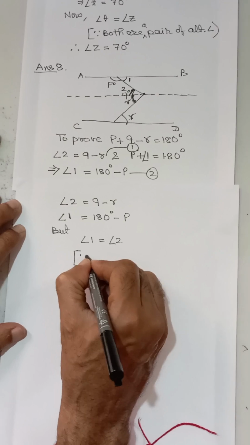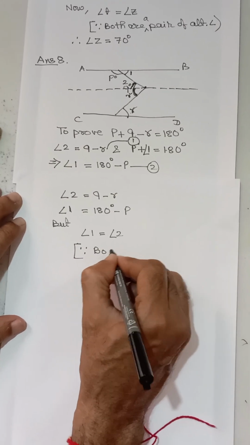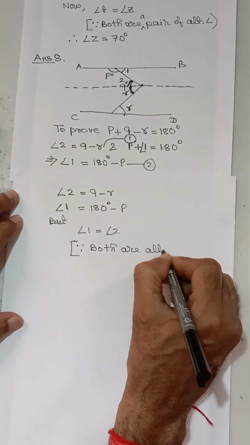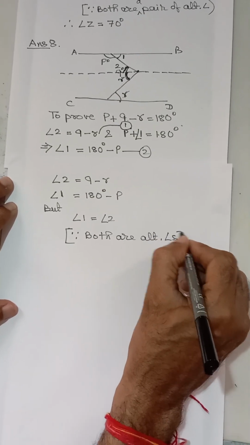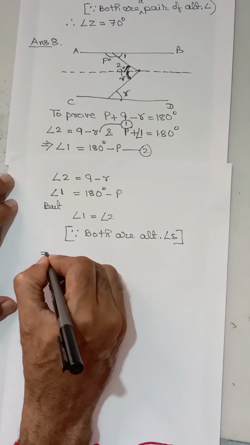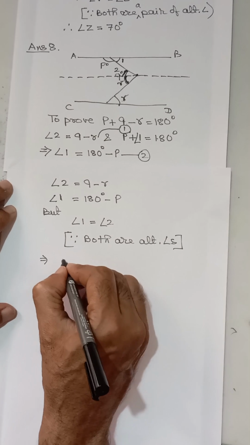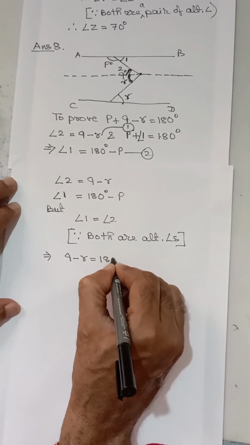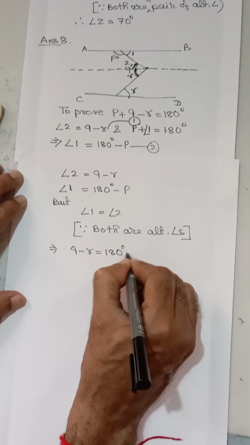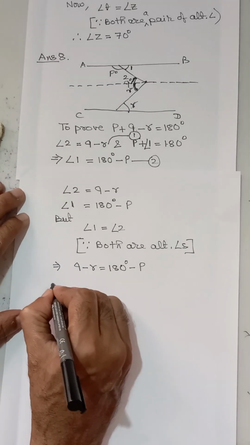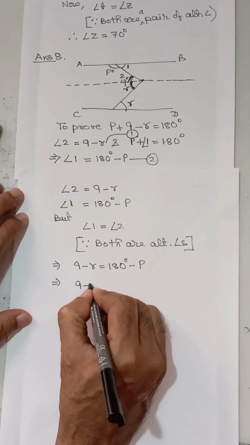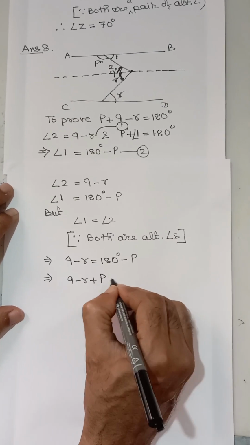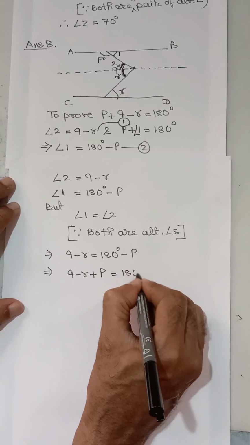The reason is, since both are alternate angles, this implies Q minus R is equal to 180 degree minus P. This implies Q minus R plus P by simple equation is equal to 180 degree.